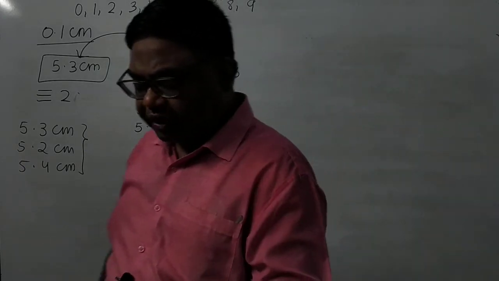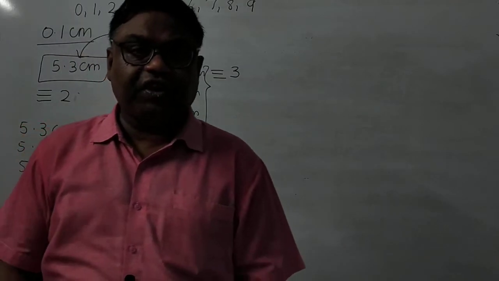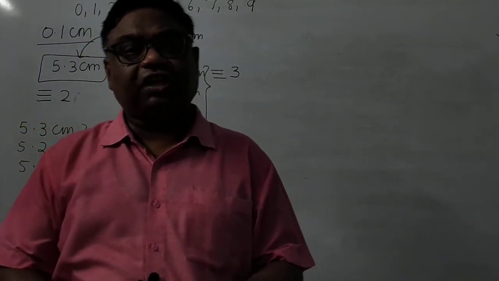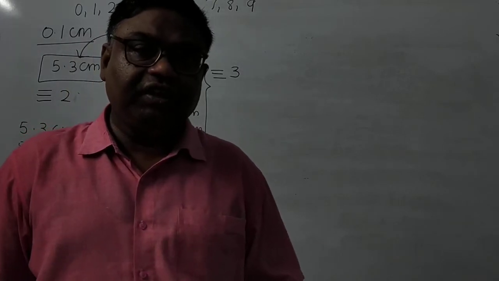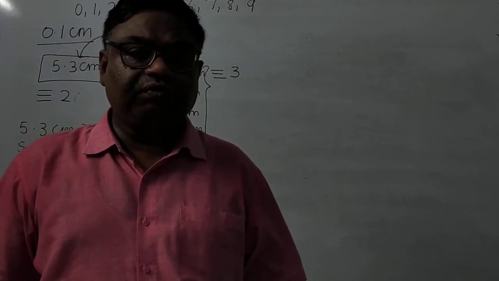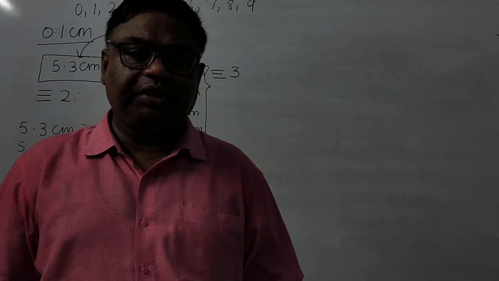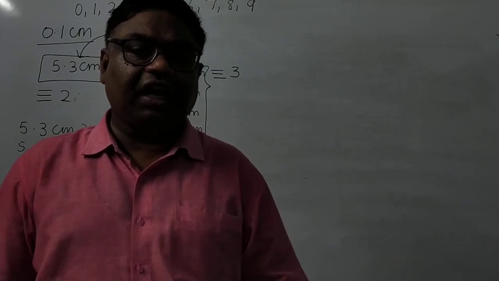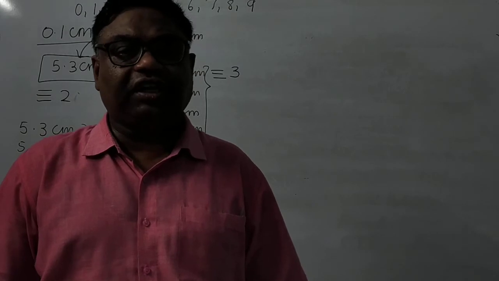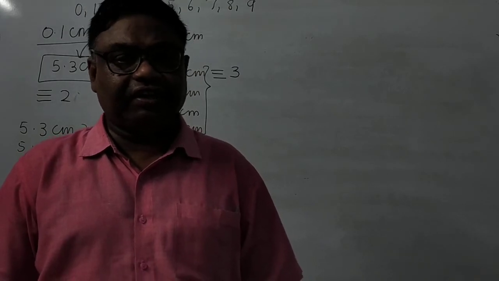So what do we mean by significant figures? Significant figures are those digits obtained in a measurement in which all the digits, as well as the last digit which is assumed uncertain, are significant. It's clear.